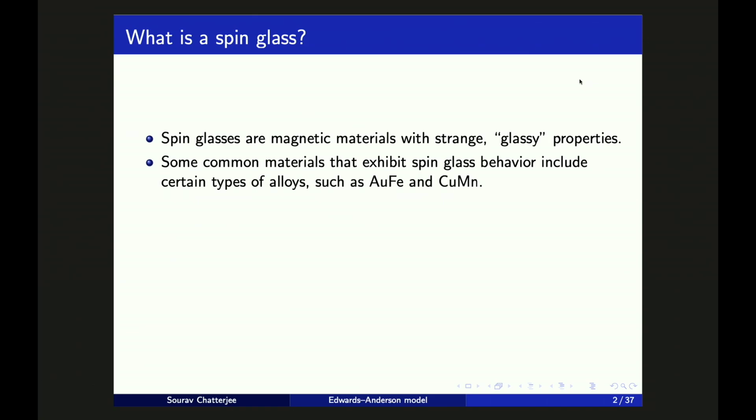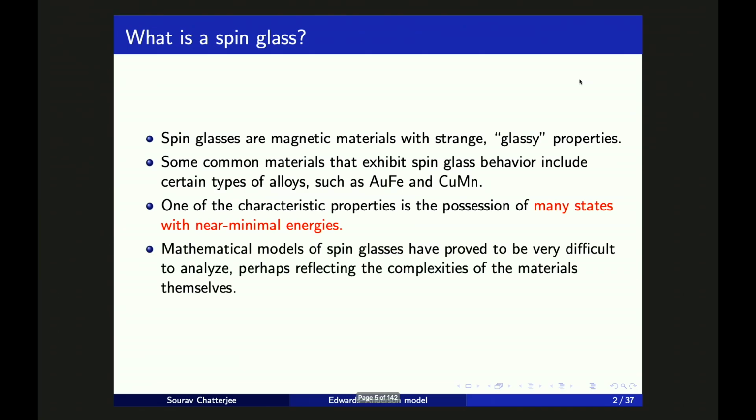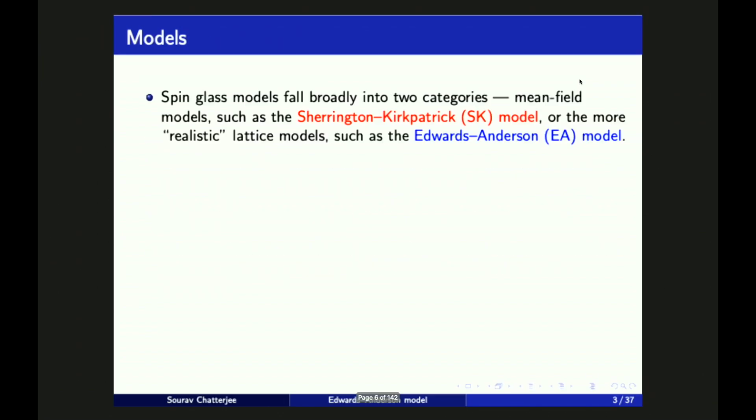Some common materials are these alloys, and one of the characteristic properties is the possession of many states with near minimal energies. Mathematical models of spin glass have proved to be very difficult to analyze, because the materials are complex, and we have some great experts here, Gerard in particular.